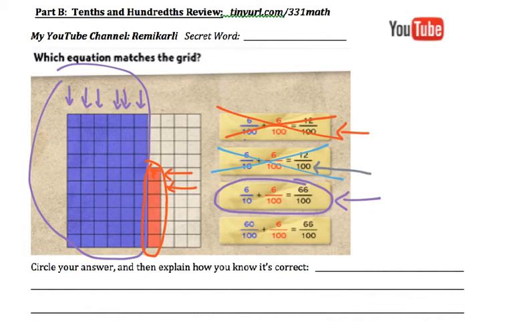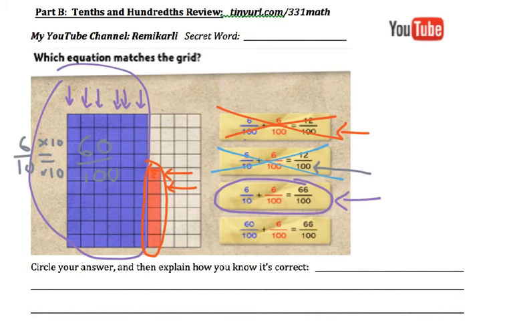And to kind of make sense of that, over here we have 6 tenths, but 6 tenths is the same as 60 hundredths. A quick check would be this, but another one is because there are 10 hundredths for every tenth. So if we have 6 tenths, we're going to have 60 hundredths. If you add 6 in red to the 60 in purple, you end up getting 66 hundredths.